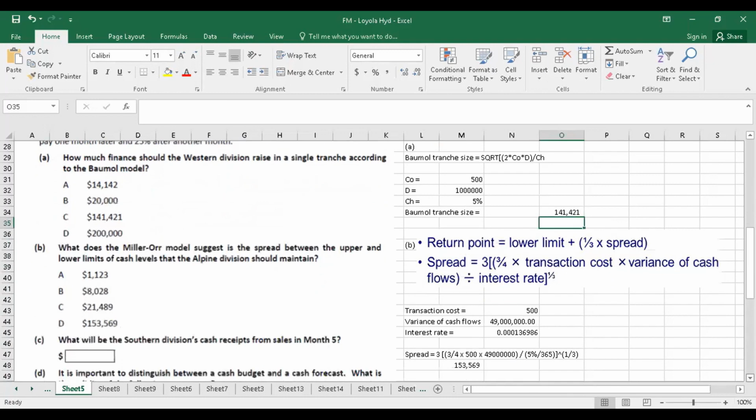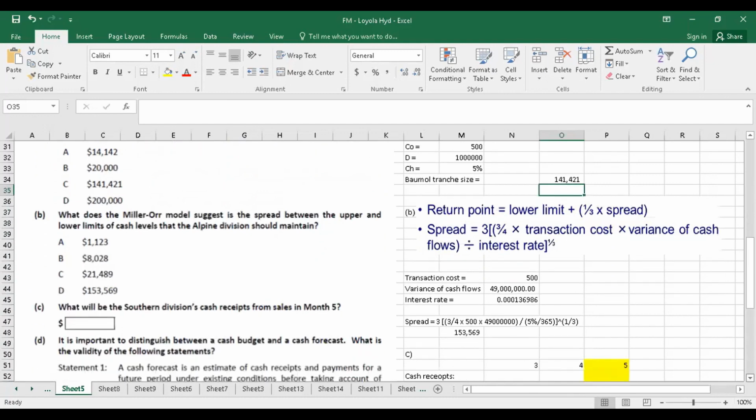The B bit says: find out what the Miller-Orr model suggests is the spread between the upper and the lower limits of cash levels that the Alpine division should maintain. According to the Miller-Orr model, the amount of cash balance which has to be maintained is the return point.